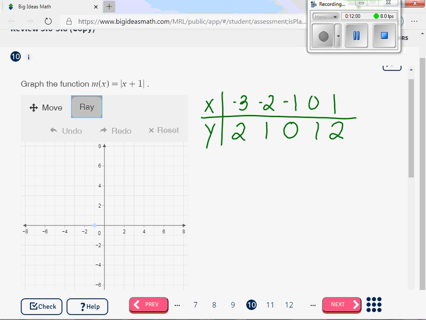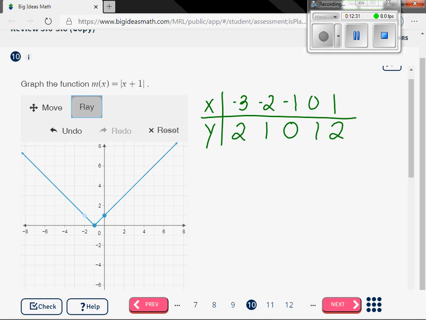And then 1 point to the right would be at 0, 1. And 1 point to the left we would have this here. So we'd point our first one to -1, 0 and go up to 0, 1 and then -2, 1.